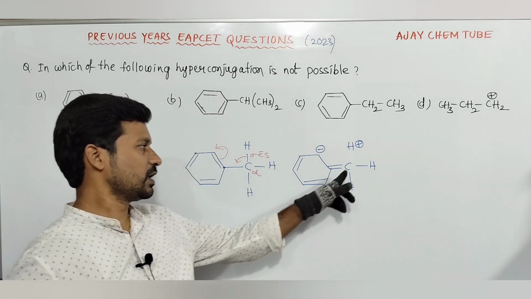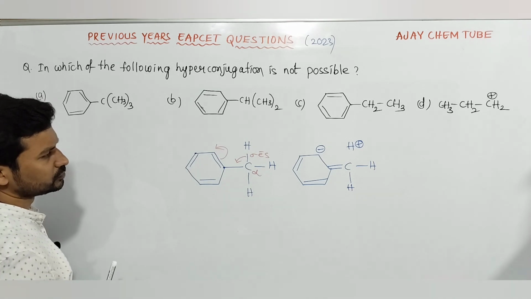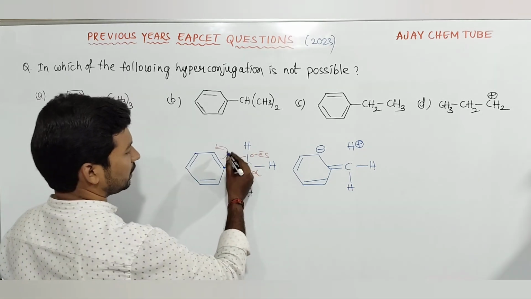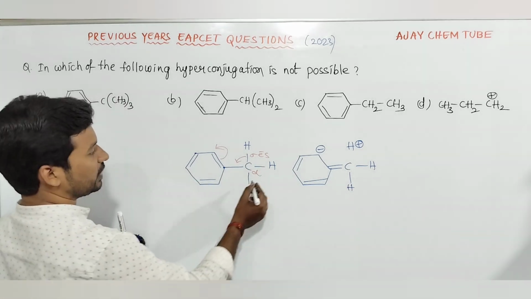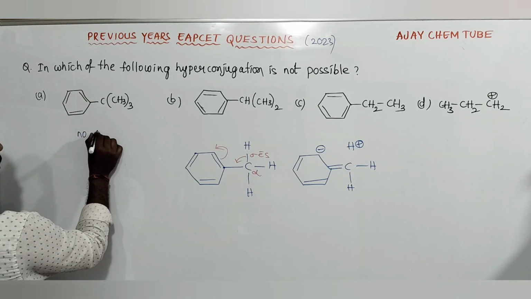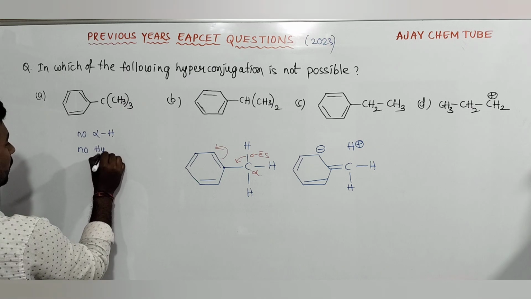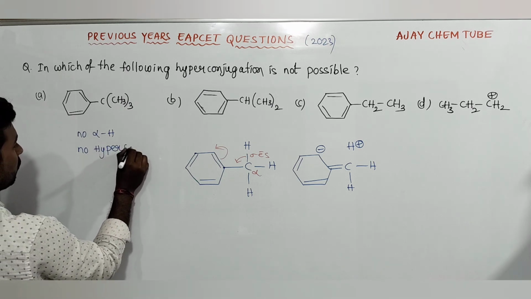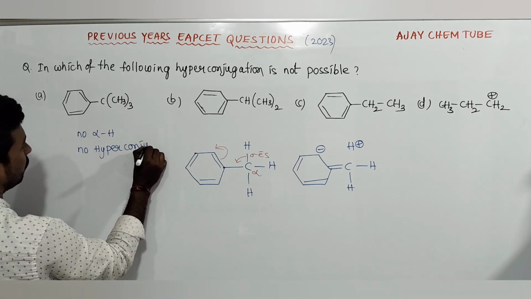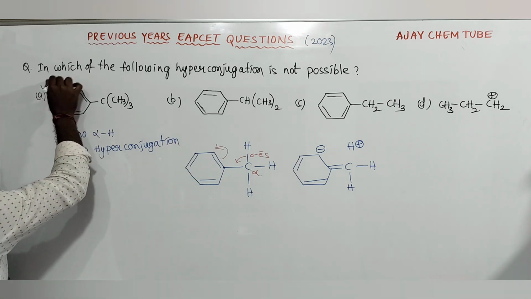The delocalization of alpha carbon sigma electrons is hyperconjugation. So hyperconjugation is not possible if alpha hydrogens are not there. Here no alpha hydrogen, no hyperconjugation. In option A, no alpha hydrogen, no hyperconjugation. So this is the correct answer.